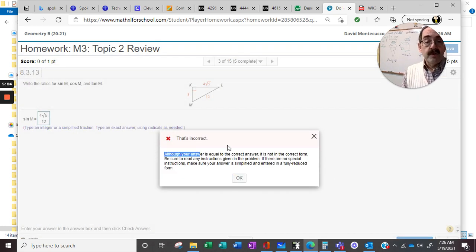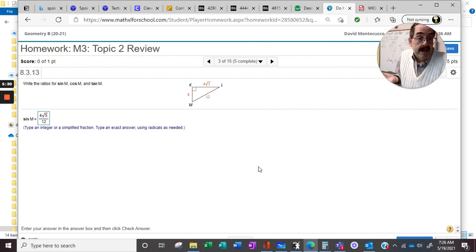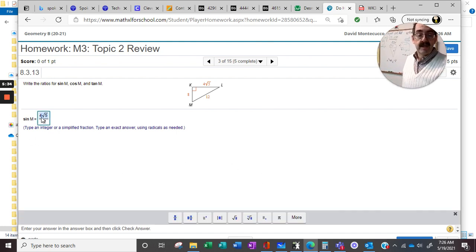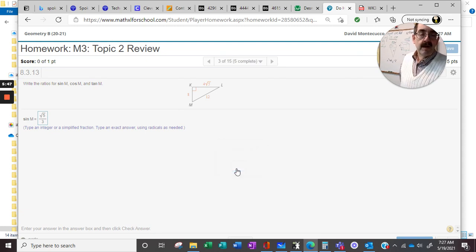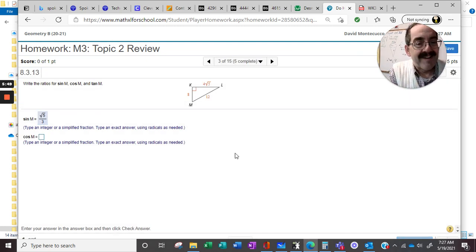Even though your answer is equal, it's not correct because they want you to simplify. Okay, I give you credit for that. So don't worry about your grade just because you didn't simplify. Do you see how we could get rid of the 4 and we could change this 12 to a 3, right? 4 times 1, 4 times 3, simplify. Okay, if you get that, great. It doesn't affect you moving forward.